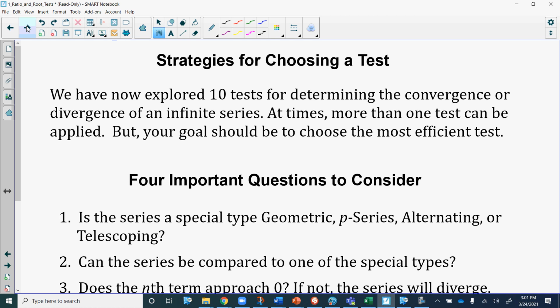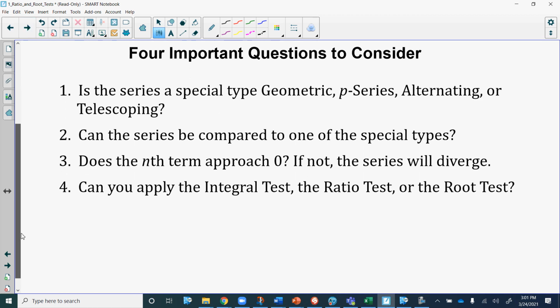What is going to be the way that we want to check for these things? Well, probably the unsatisfactory answer, the best answer I can give you, is just practice, practice, practice. The more you see these, the easier it's going to be to identify, oh, that's this type of series, that's this type of series, so that it makes it easier when we're going to test for convergence or divergence.